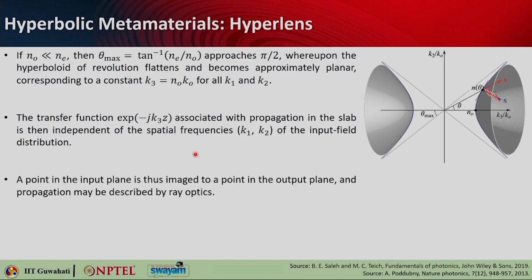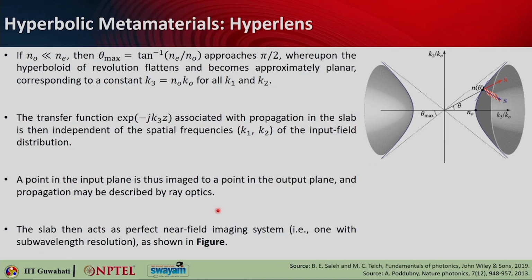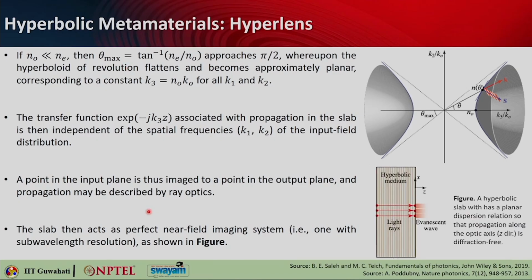And how does it help? A point in the input plane is thus imaged to a point in the output plane, and the propagation may be described by ray optics. This particular slab in this situation can act as a perfect near field imaging system.